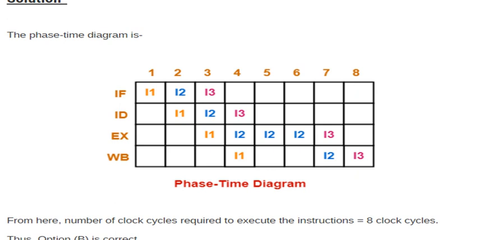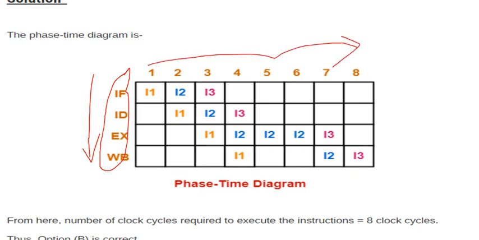As we discussed in our previous numerical, we write the stages in the column, and we write the cycles or clocks in rows. So these are the clocks, actually 1, 2, 3, 4, 5 up to 8 clocks. We can add more clocks depending upon the requirement.